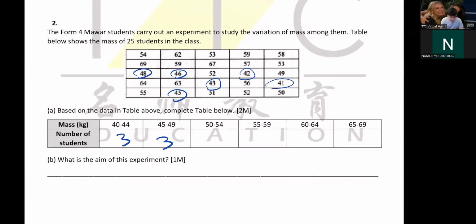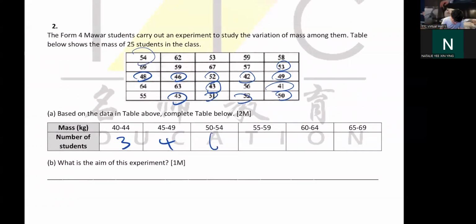I'm not missing any. So 50 to 54, you have 1, 2, 3, 4, 5. Oh, there's one more here, sorry. So this is 6. Sometimes I get a brain fart.